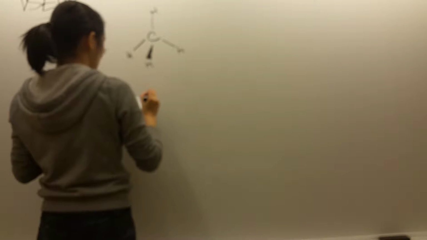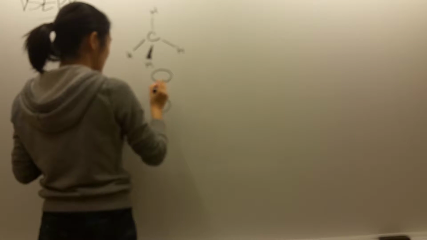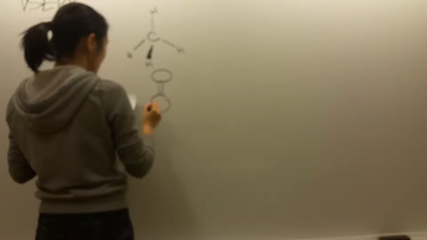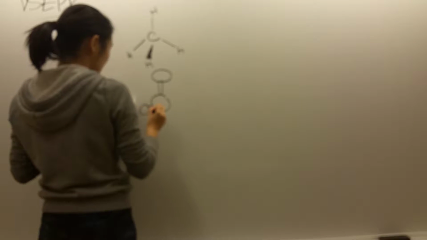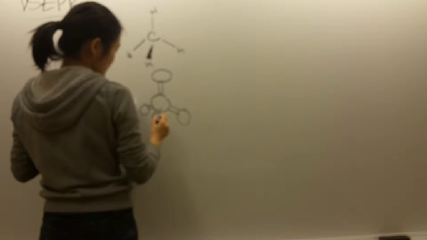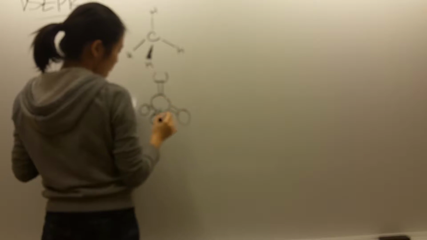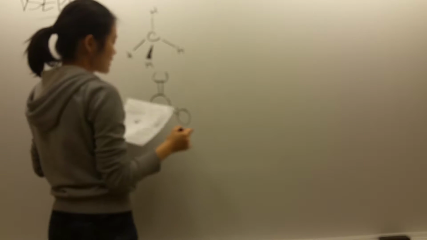The ball and stick drawing is more like 3D, where you have the bonds represented by these little rods, and each of the atoms represented by these little balls. I know I drew it kind of weird, but it's pretty much the same concept.